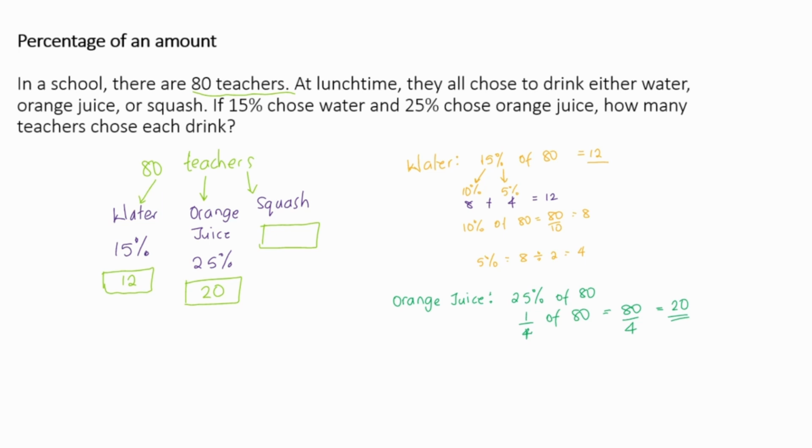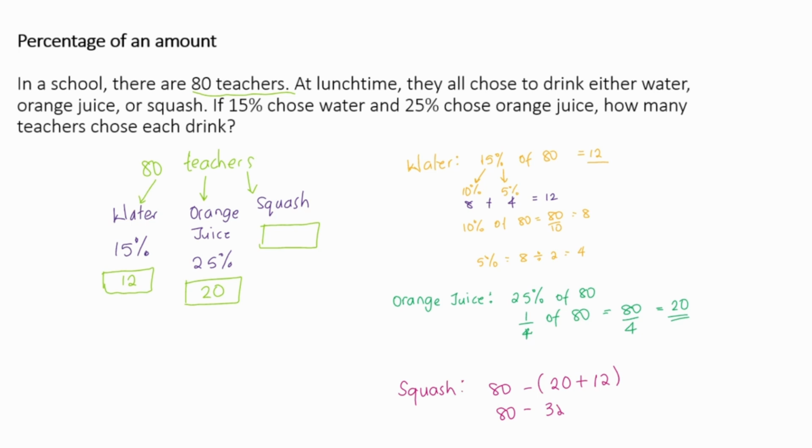Now in order to find the teachers that chose squash, we can first find the total number of teachers that chose water and orange juice, so we can add 20 plus our 12. And then whatever answer we get, we can take it away from 80. So we can do 80 take away our 20 plus 12, which is 32.